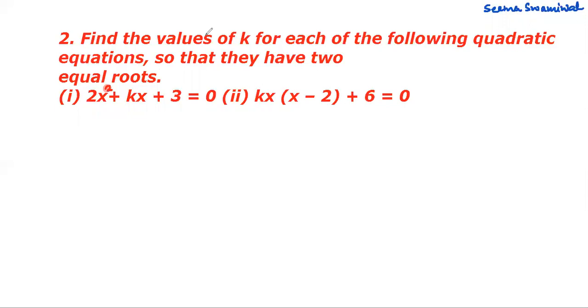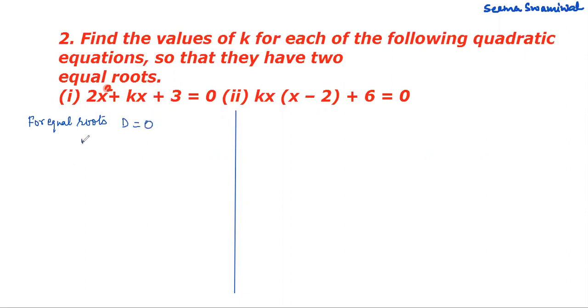So now he's giving us a clue that the equation has two equal roots. So when it is given that the equation has two equal roots, he has given us a hint and we have to start with that only.